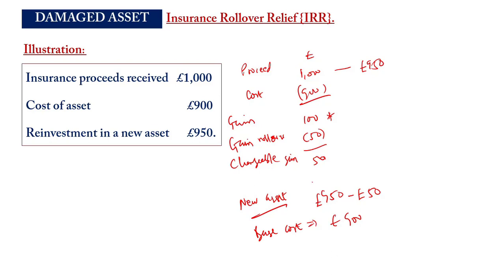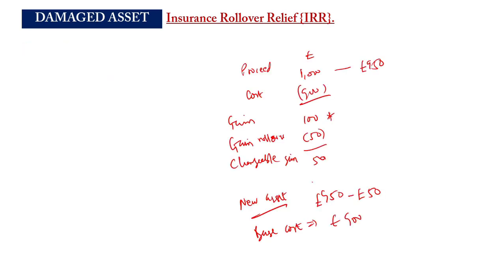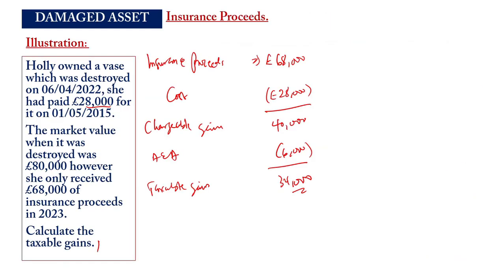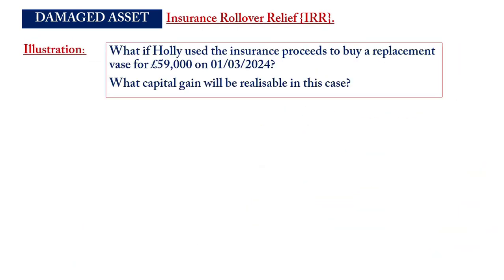Okay, let's look at this illustration. In the previous question that we looked at, there was a taxable gain of 34,000. What if Holly used the insurance proceeds to buy a replacement vase for £59,000 on 1st March 2024? What capital gain will be realizable in this case?